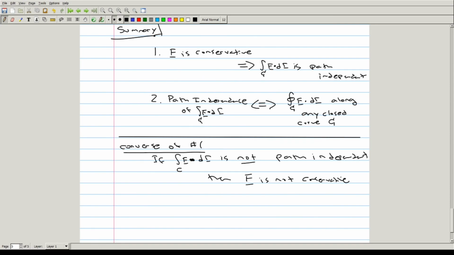This would be one way of checking to see whether the vector field for a given line integral is conservative or not. So if you can find two paths for which the line integral is different, then the vector field f is definitely not going to be conservative.